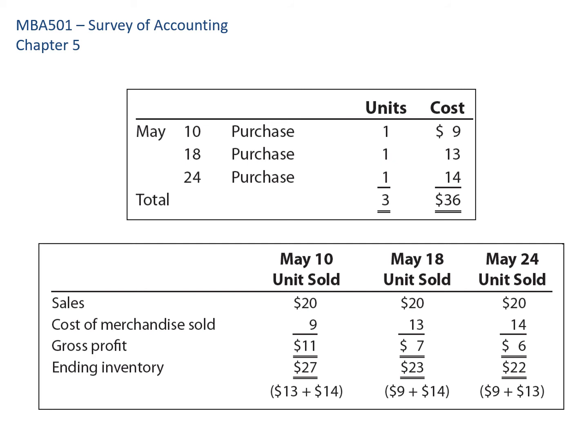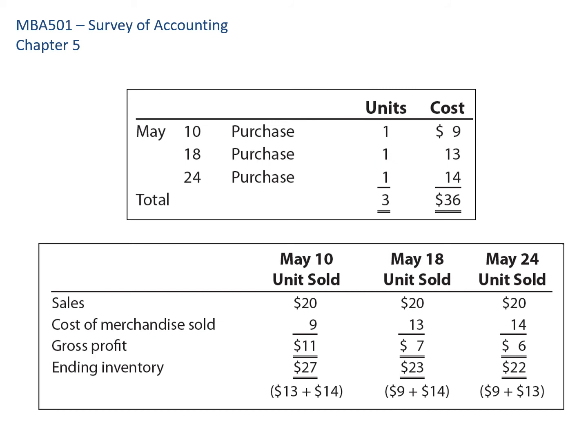Notice 9, the cost of merchandise, plus 27 equals 36. So I'm taking the total cost that I have there. I'm sitting on $36 worth of inventory, and I'm breaking that into how much I'm going to associate with what left in the customer's truck and how much I'm going to associate with what is remaining on my shelf.